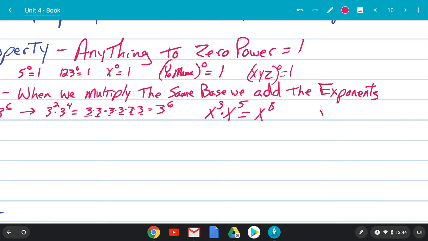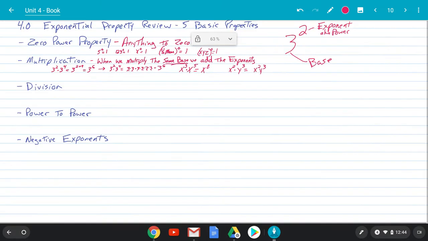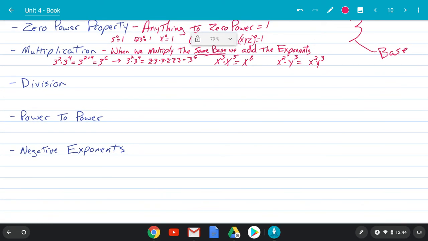What if I had x squared times y cubed? Can I put those together? Absolutely not. We must have the same base. So this is not possible. We just end up writing it x squared y cubed, and we don't add the exponents there. So when we multiply, we add the exponents.